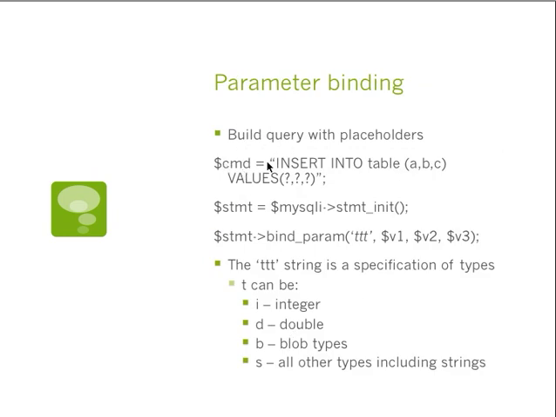So here is the command that I'm building, and I am basically saying I'm going to insert into a table into these particular fields and then some values, and then these question marks indicate placeholders for variable values that I will be putting into the table. So I first do the MySQLi statement init, and then actually I'm missing a piece here.